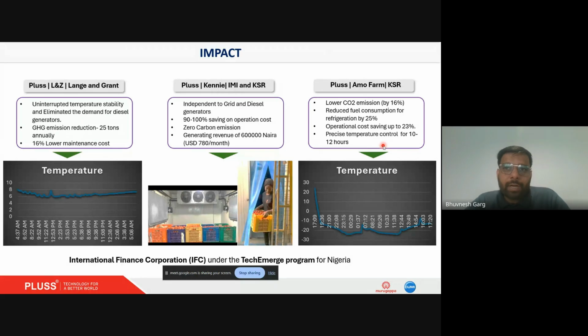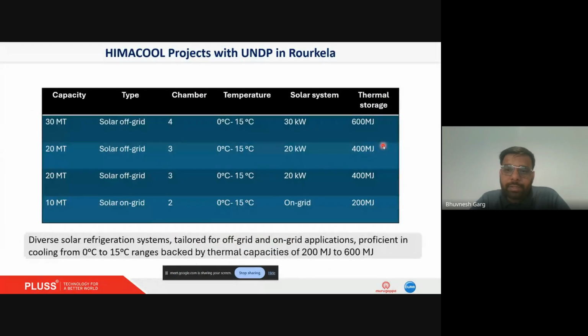But instead of that, you have a compressor which is running on electricity, which is much less costly, and now you have PCM for storing the cold, and you don't have to run your compressor for the complete delivery. Let's say a 10 to 12 hour delivery time is there, and you don't have to run your compressor for that much period. So that is the operational cost you are saving for your customers, your users or farmers, right? So that is the impact.